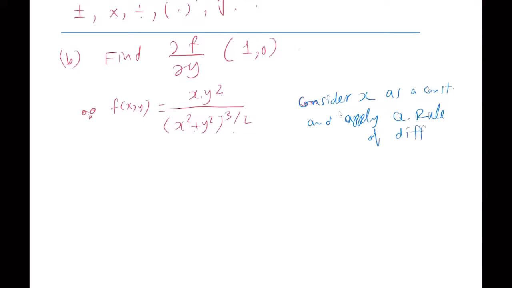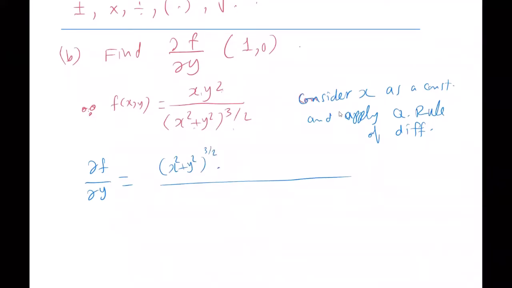So this is partial f partial y equals the denominator, (x squared plus y squared) to the power 3 over 2, times the derivative of the numerator, as you said, 2x, minus the numerator, 2xy, times the derivative of the denominator: 3 over 2, (x squared plus y squared) to the power half, times the derivative of what is inside the bracket.